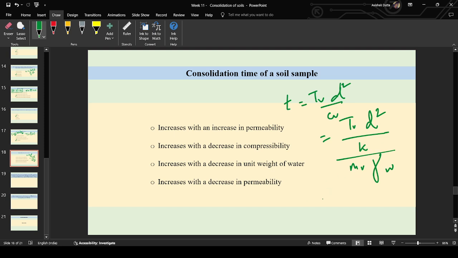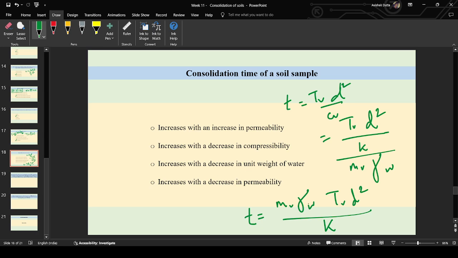So the actual equation becomes time equals mv gamma w, into TV d square, divided by k. So with a decrease in compressibility, time will decrease, not increase. This is wrong.